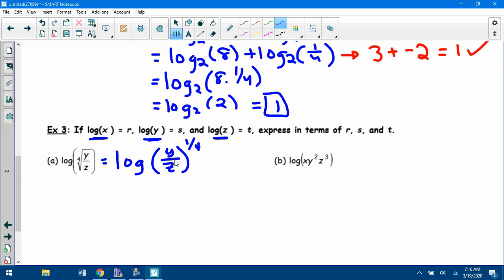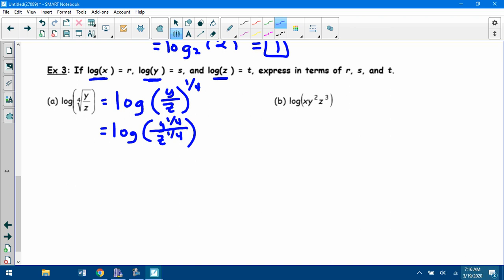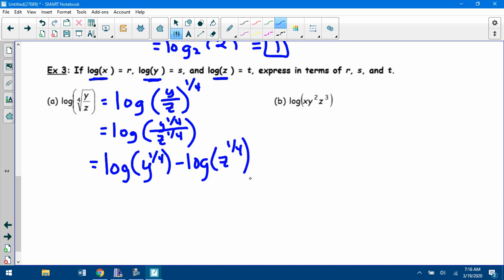So I would distribute that 1/4 and say this is log of y to the 1/4 over z to the 1/4. And then when you have 1 log divided, that becomes 2 logs subtracted. So log of y to the 1/4 minus log of z to the 1/4.